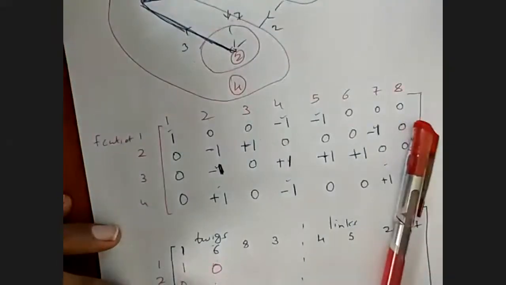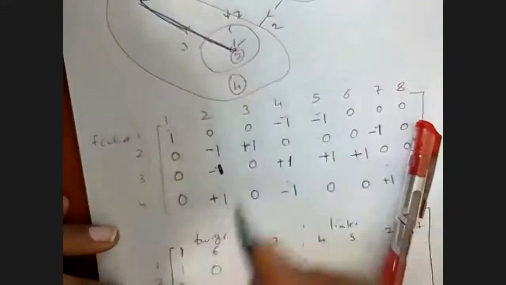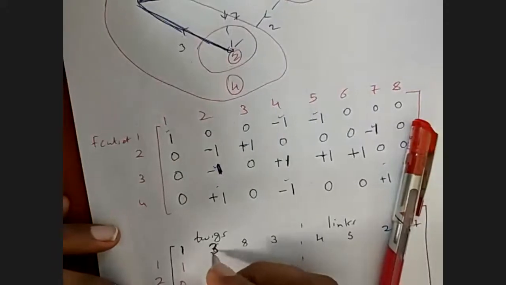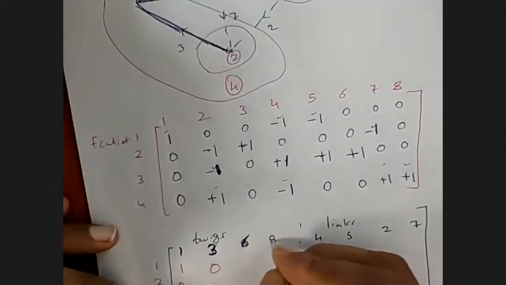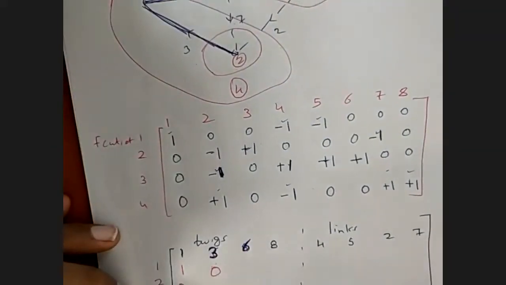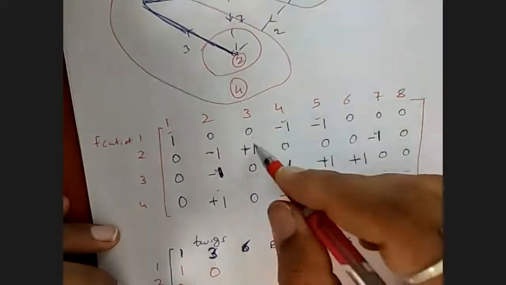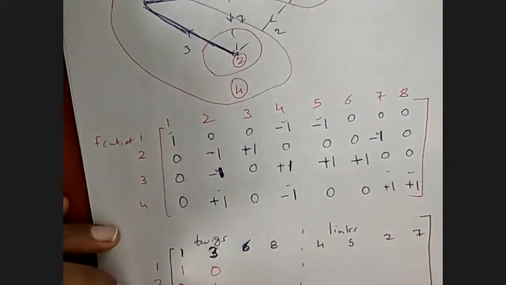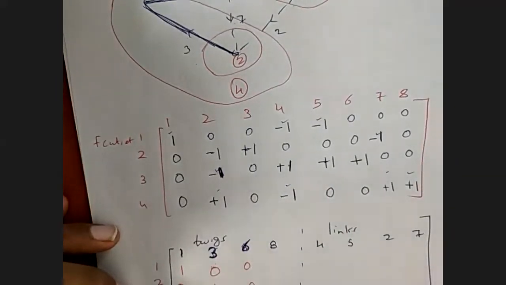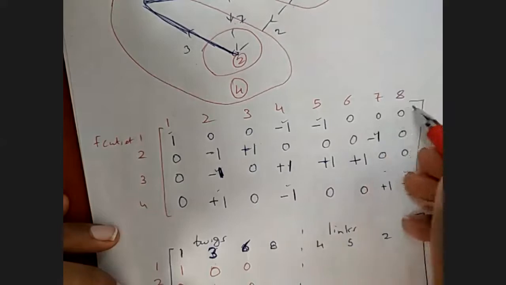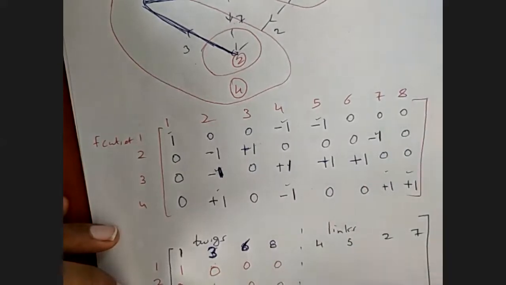Your 1 is twig number 1. Then 2 is twig number 3. Then third is twig number 6. And then it is 8. So 2 is 0 1 0 0. 3 is 0 0 1 0. 4 is 0 0 0 1.